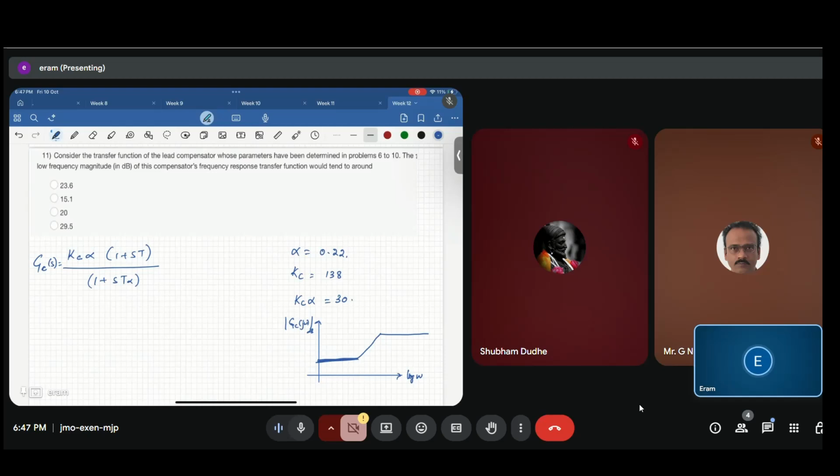Okay, again we have already calculated this type of question. So the low frequency, 31.62. How much are you getting? 31.62. Okay. So in dB it will be 20 log Kc alpha, and Kc alpha we have 30, so 20 log 30 we have to calculate.